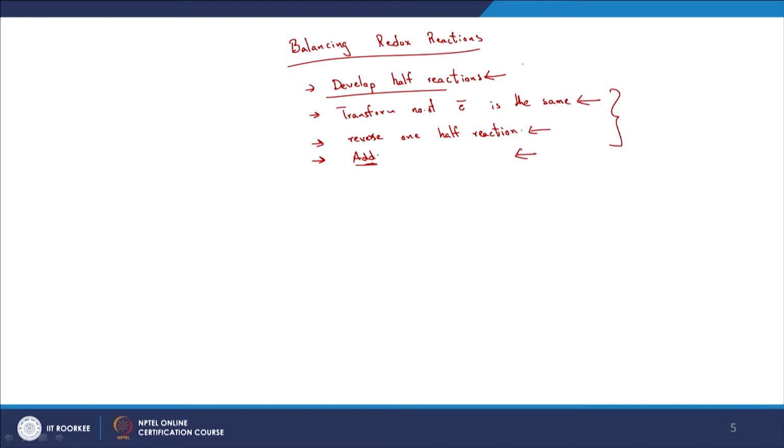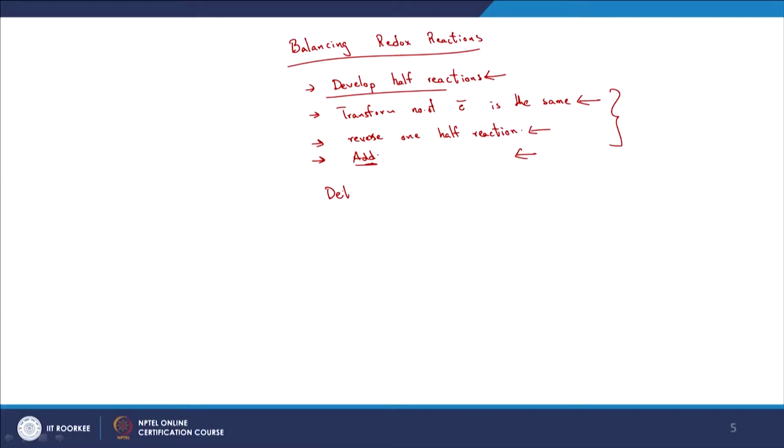So first, let's understand how to assign oxidation numbers, right? First I need to determine the oxidation number or oxidation state of the relevant atoms. We looked at the relevant rules until now, so we know that we need to identify the more electronegative atom.